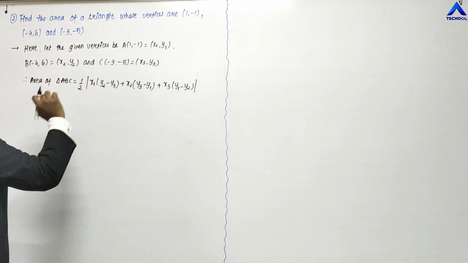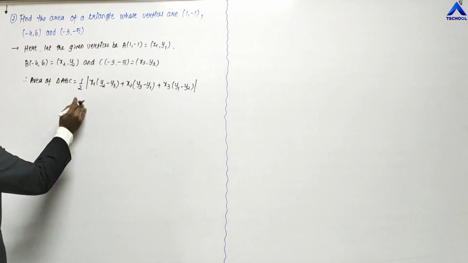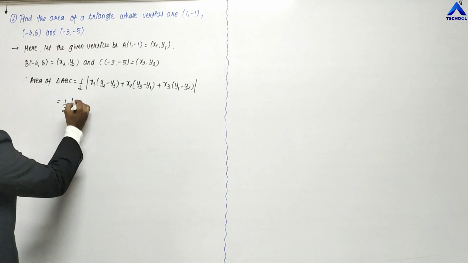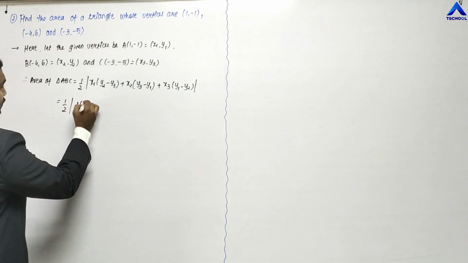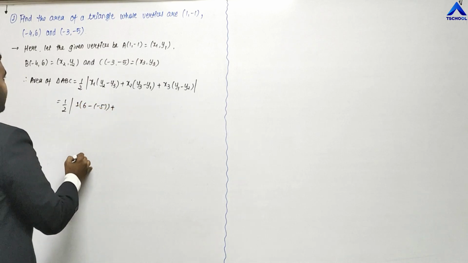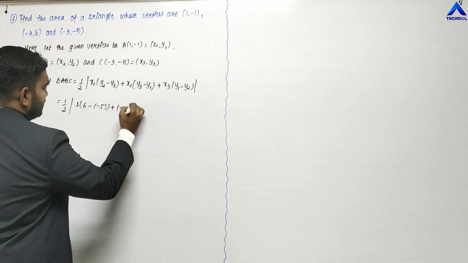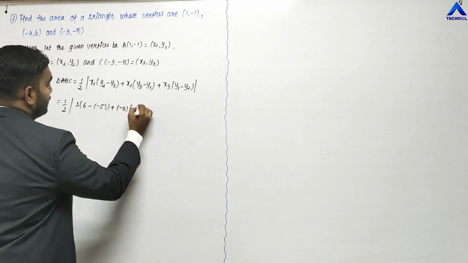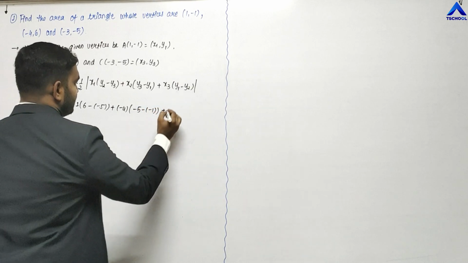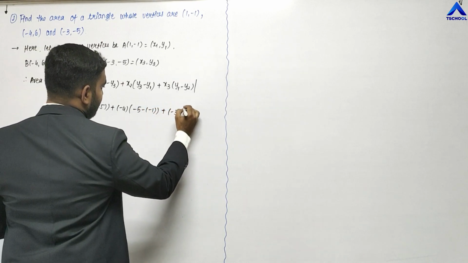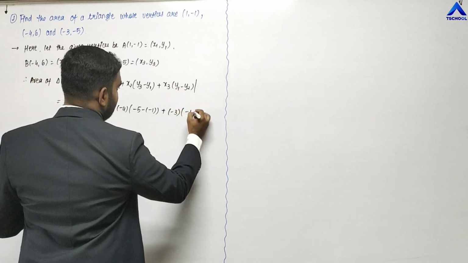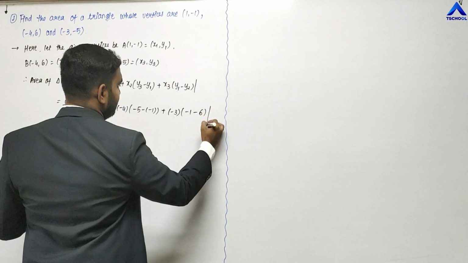Simply putting the values of x1, y1, x2, y2 and x3, y3 in this formula, we get half modulus of 1 into 6 minus (-5), plus x2, that is -4, into y3 minus y1, that is -5 minus (-1), plus x3, that is -3, into y1 minus y2, that is -1 minus 6.